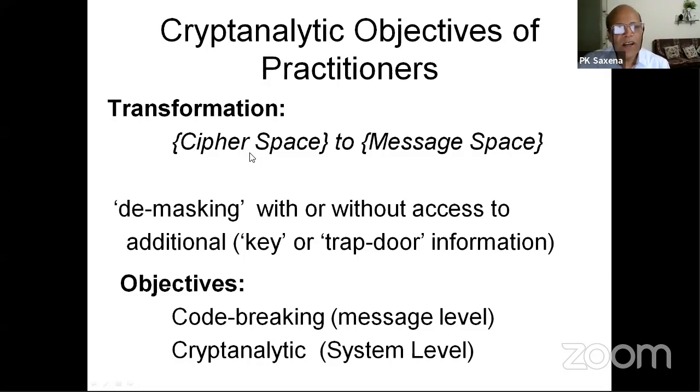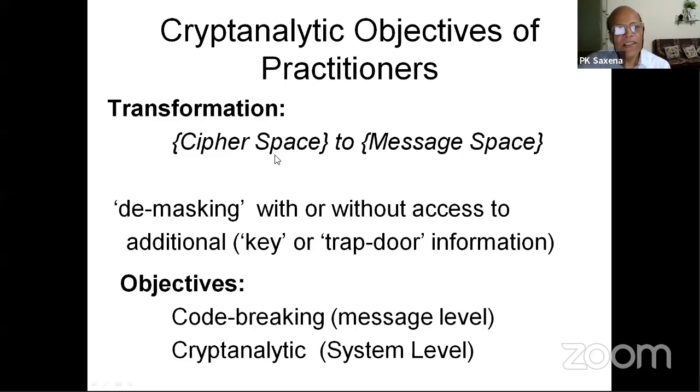But with some hit and trial and a study of tens of thousands of ciphers of that kind, maybe one is able to find some pattern and solve that particular message. So, code breaking at message level.